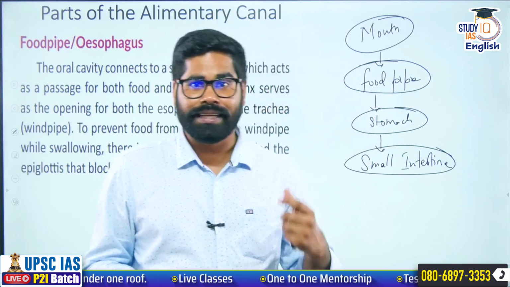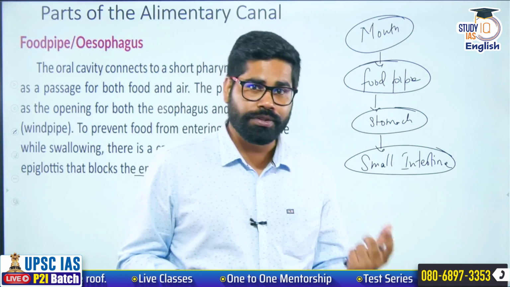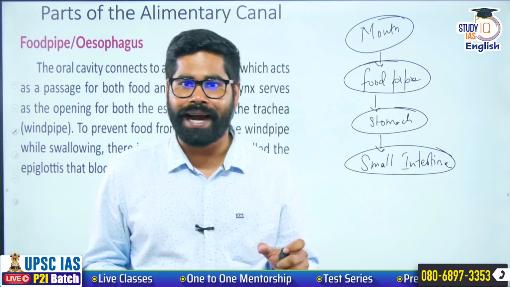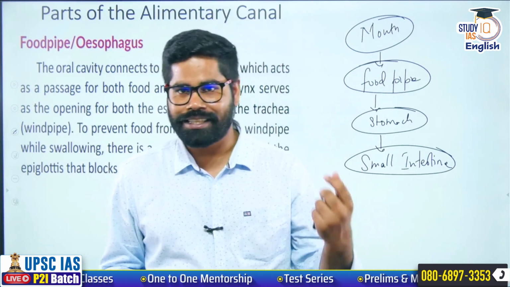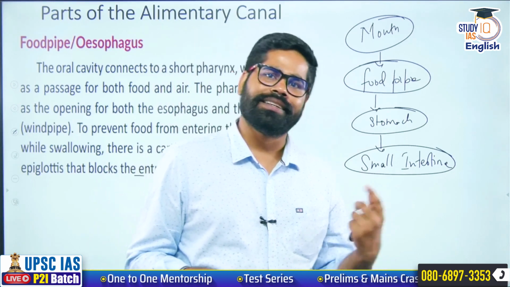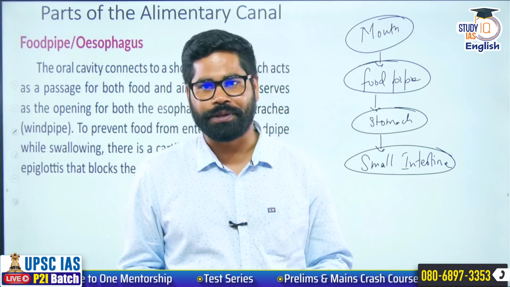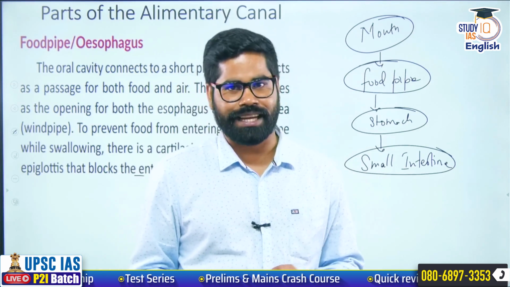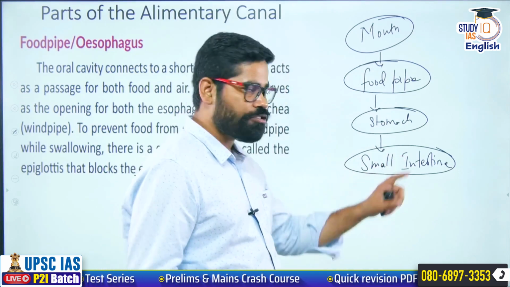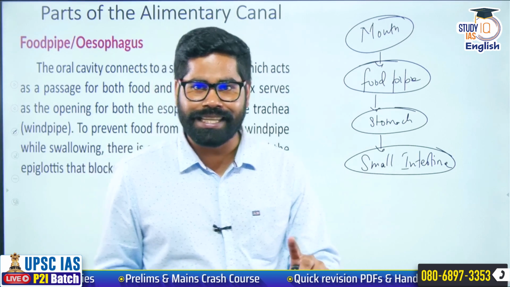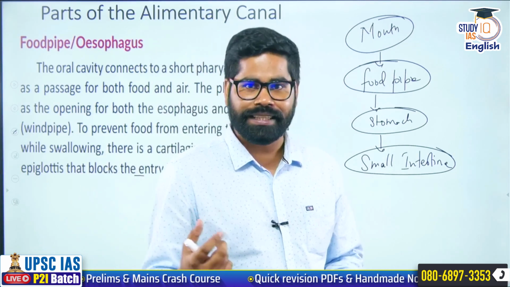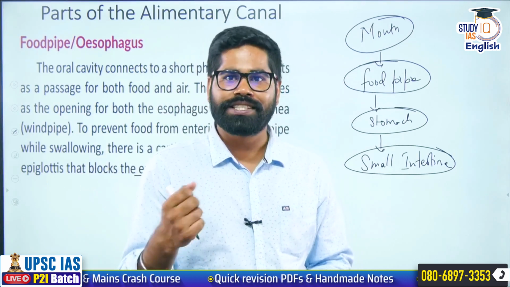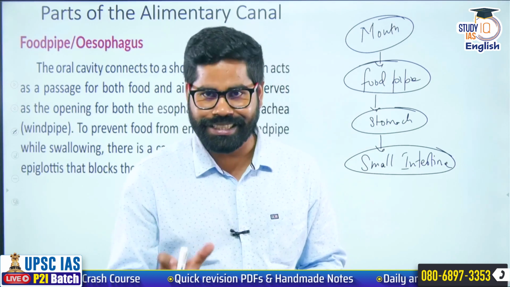The liver releases the bile juice, which helps in the digestion of fat. The pancreas releases the pancreatic juice, which helps in the digestion of carbohydrates and proteins. And then the remaining food is digested by the intestinal enzymes. In the small intestine, we have also seen the presence of villi, the finger-like structures, which help in absorption of the digested food.